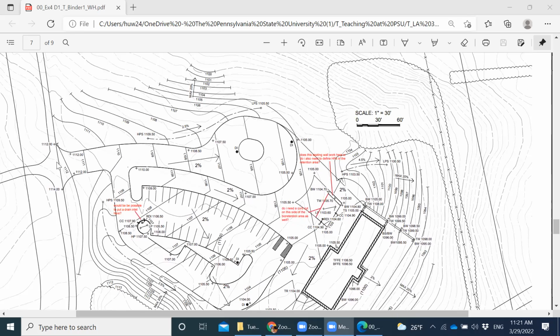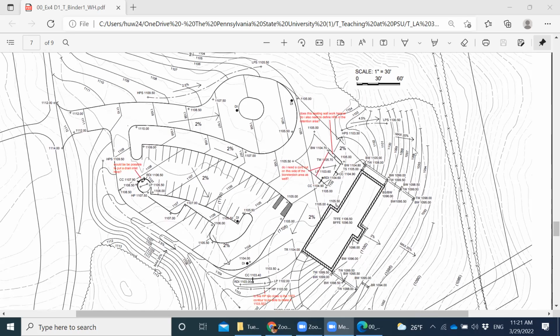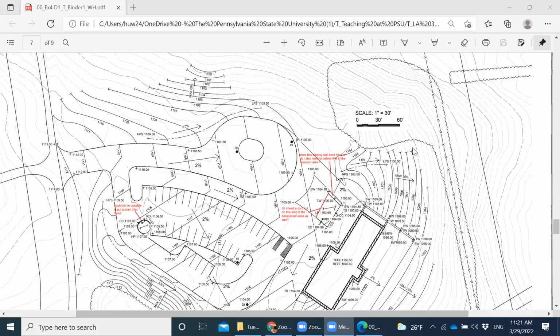I think this area will be fine. Just that much should be okay.